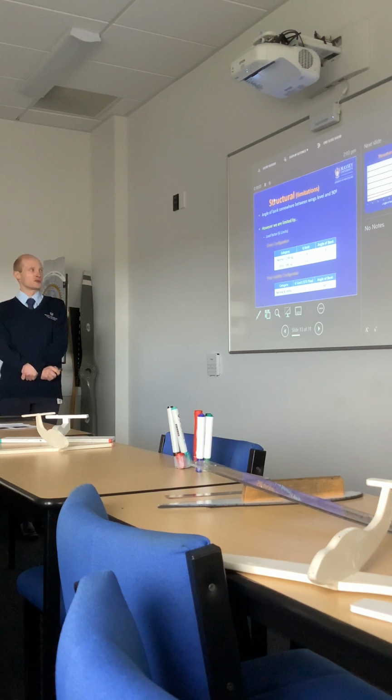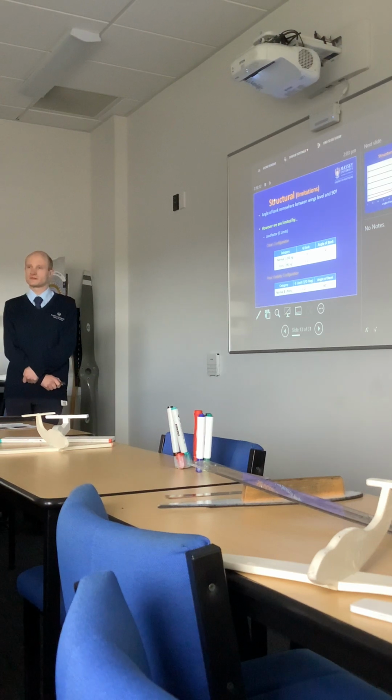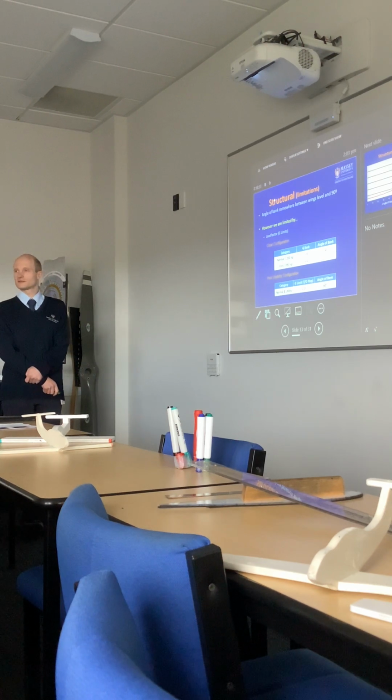Here is probably where you could have a very brief chat about why there's a bigger load factor limit in the utility category. Do you know the reason why? Any ideas, any theories? Because it doesn't sound right, does it? The actual force being put on the airplane's structure is going to be less for a given load factor.